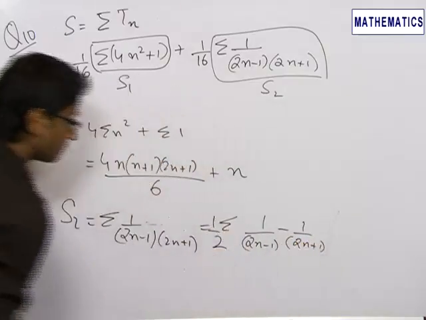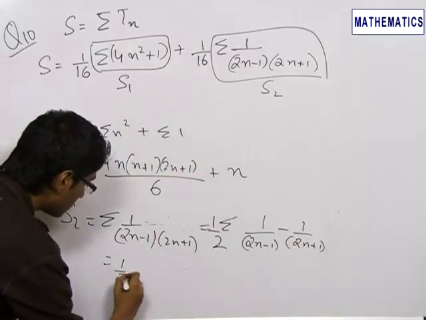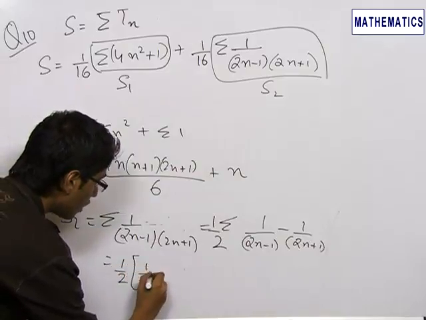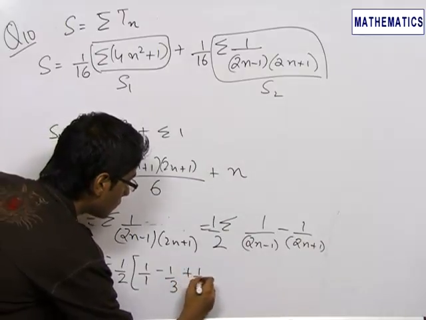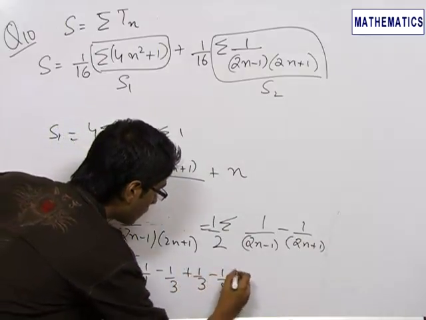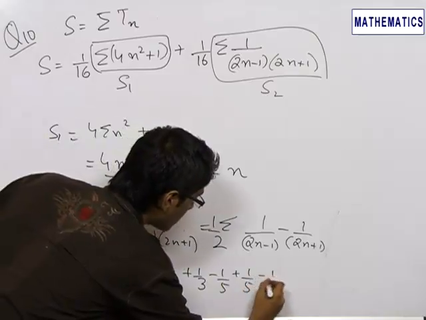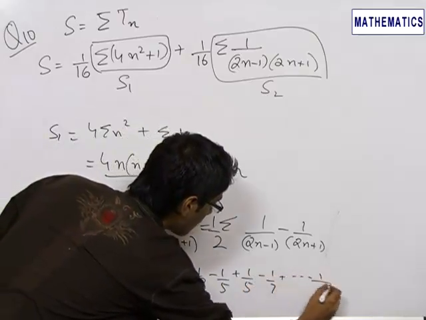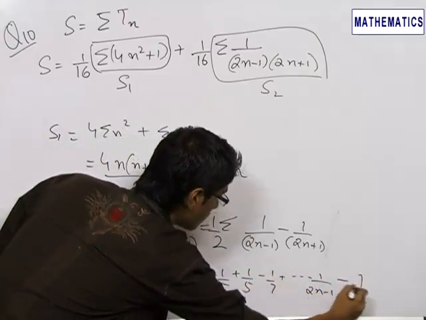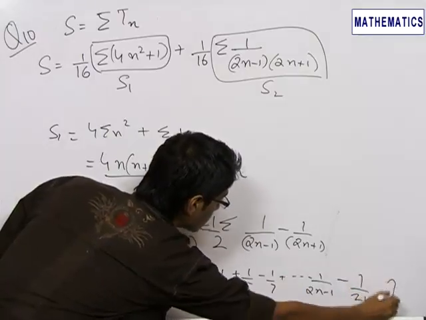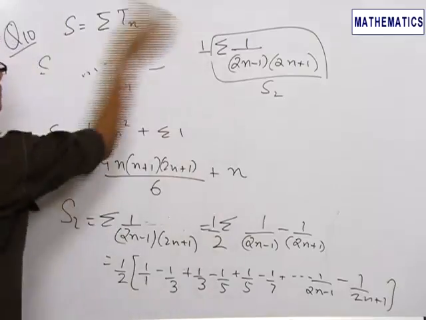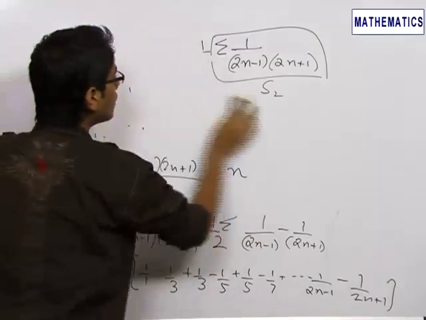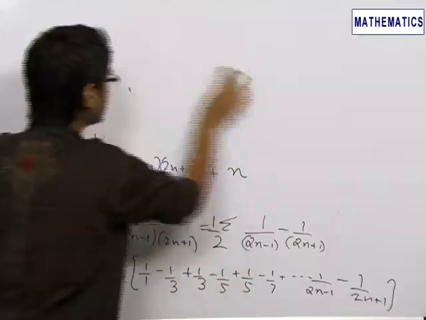half times. Now this can be written as 1 upon 1 minus 1 upon 3 plus 1 upon 3 minus 1 upon 5 plus 1 upon 5 minus 1 upon 7 up till 1 upon 2n minus 1 minus 1 upon 2n plus 1. We can very clearly see that the terms are getting cancelled.